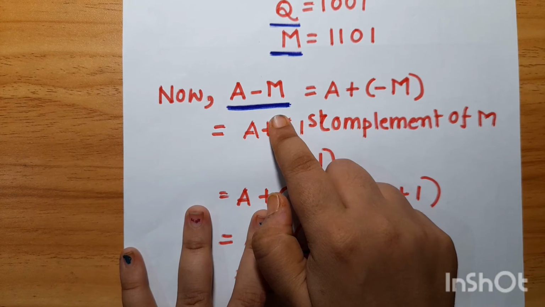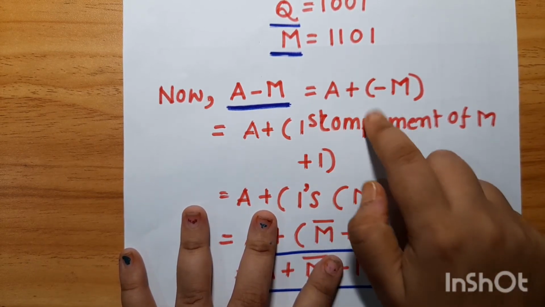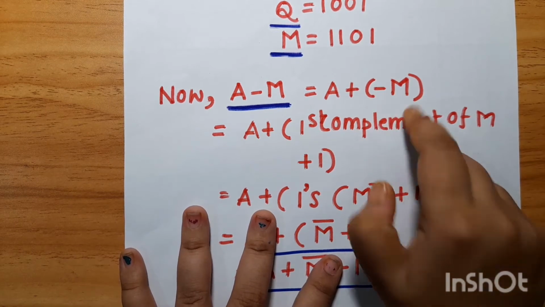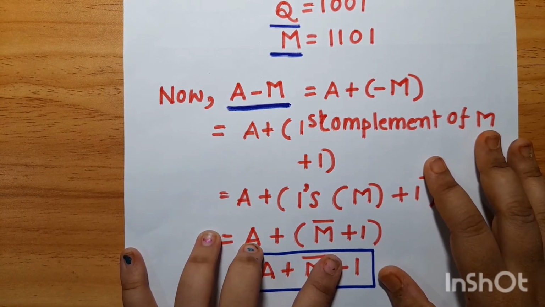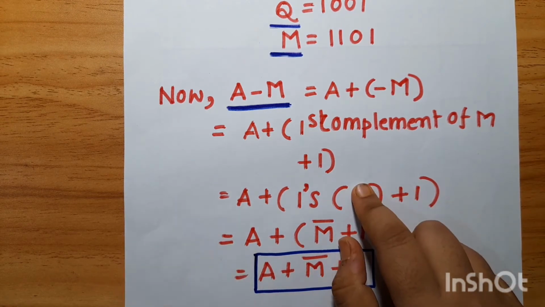So A minus M can be put as A plus bracket minus M. Bracket minus M means what? When we want to do the minus of a binary number, then we have to get the 2's complement of the positive number, and that will give the minus of that number.